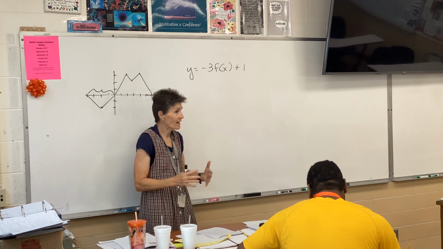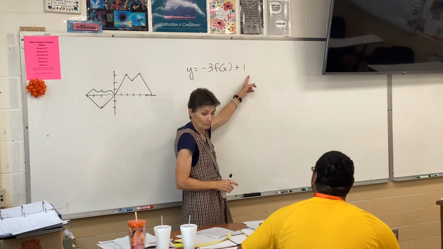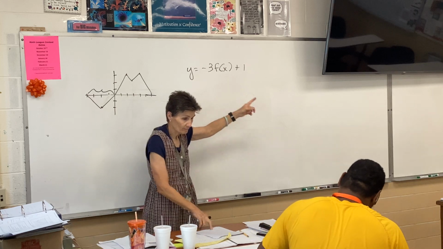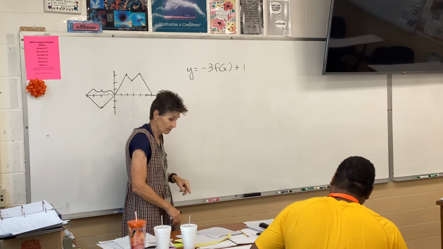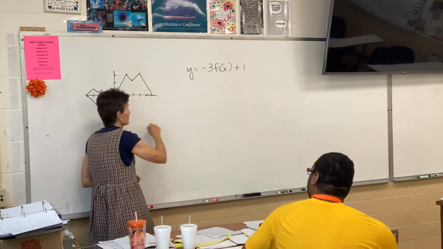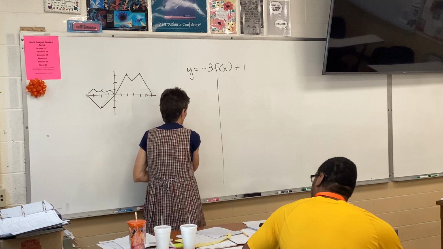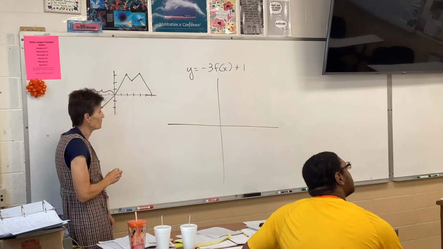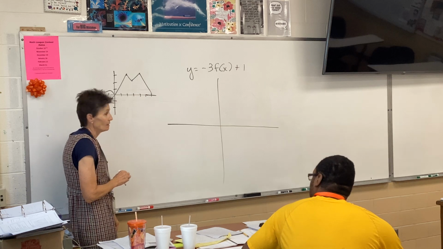And then, once you get all that done, you're going to move it up 1. We're doing 11 on the back. So this is the shape we're using. We're gonna turn it upside down and make it 3 times as tall.